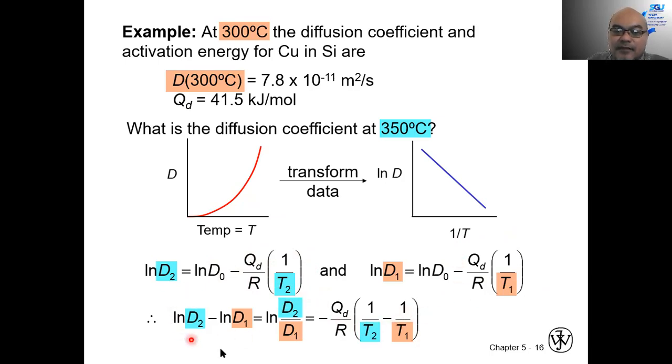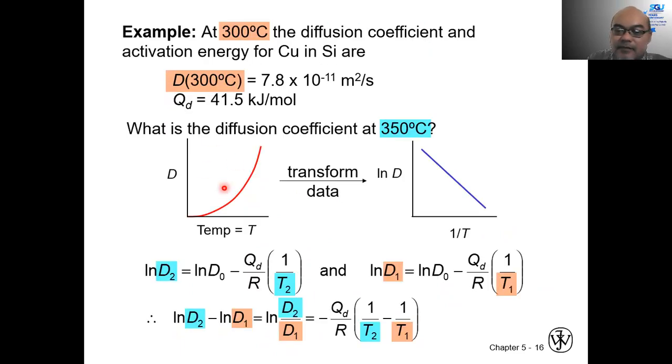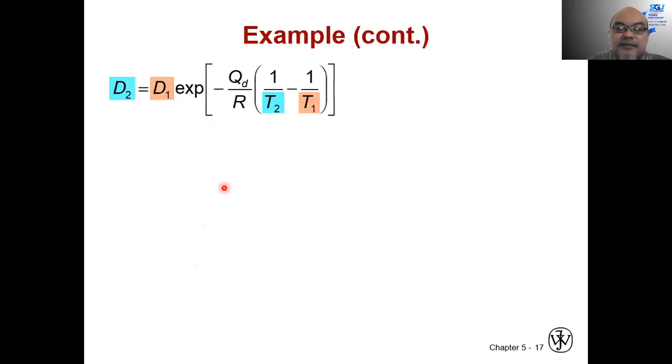And this equals the natural logarithm of D2 over D1, from the properties of the logarithmic operator. Then we can calculate D2 over D1 equals exponent of minus QD over R, and inside the bracket 1 over T2 minus 1 over T1.